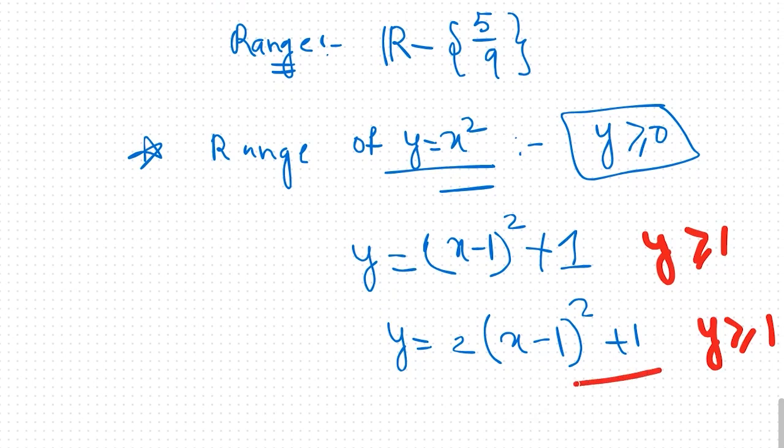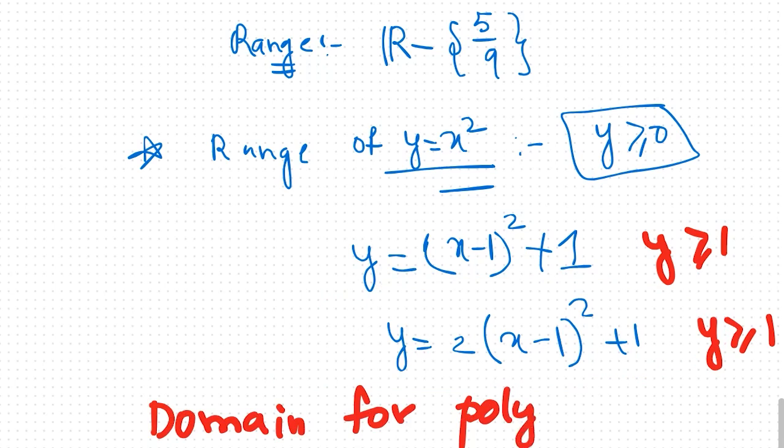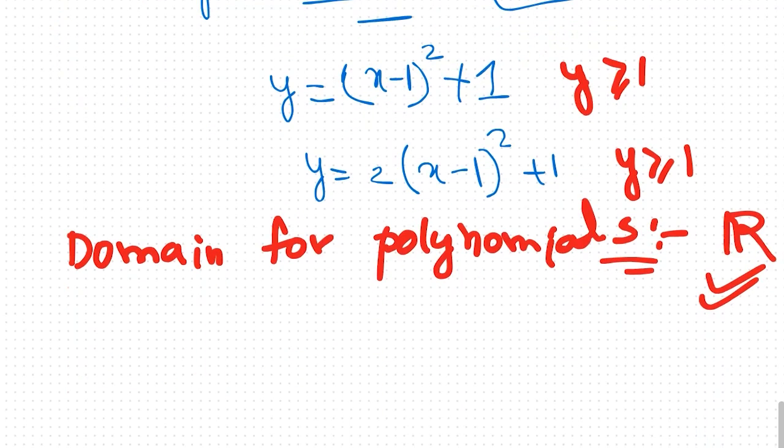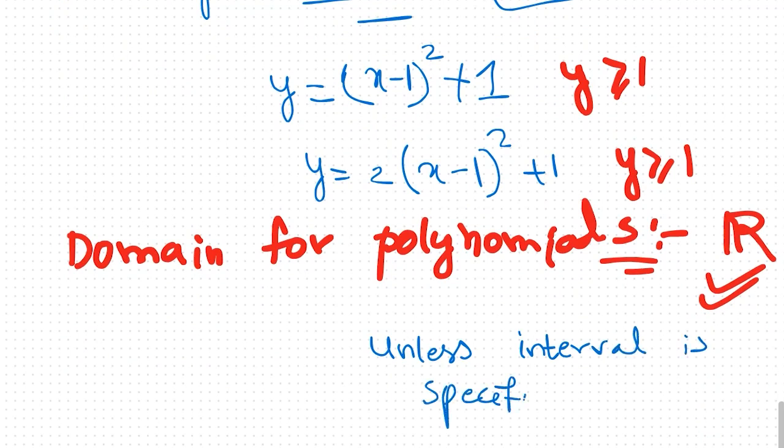And what is the domain for polynomial functions? All real numbers. Polynomials, the domain is real numbers. That is automatic, unless the domain is restricted. Let's say we talk about a certain interval, we can assume that domain can be real numbers unless the interval is specifically restricted.